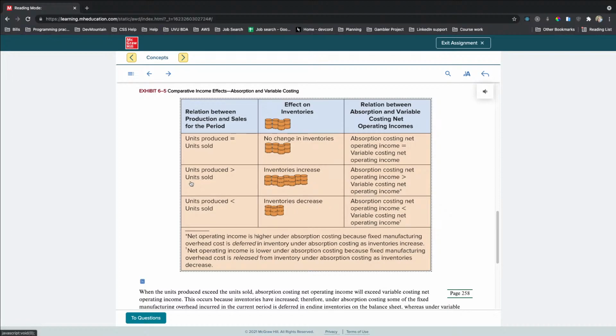Now, let's say we sell more than what we produced. That's an interesting concept. So we have inventory that's being sold, which is we're finally going to realize the manufacturing overhead, right, for those. But the thing with fixed costs is it's a set amount.